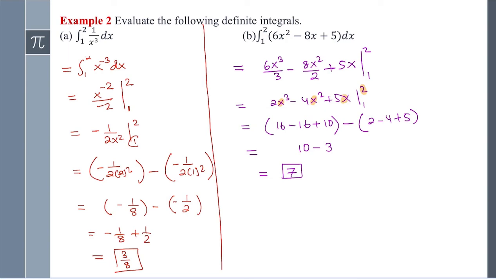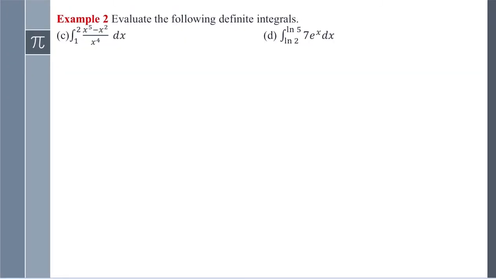Let's look at more examples. So here, in order to find the antiderivative first, what we do is we'll split this fraction into two fractions. So from 1 to 2, I'm going to write x to the fifth over x to the fourth minus x squared over x to the fourth dx. And then we can write this as the integral from 1 to 2 of x minus x to the negative 2.